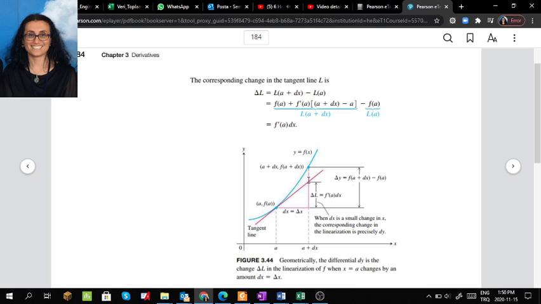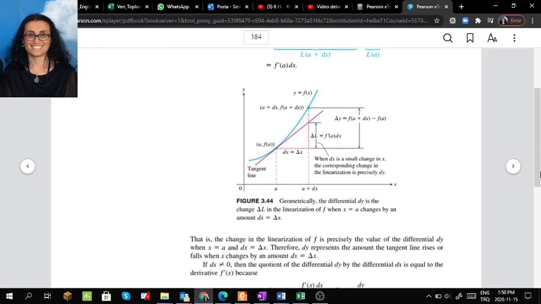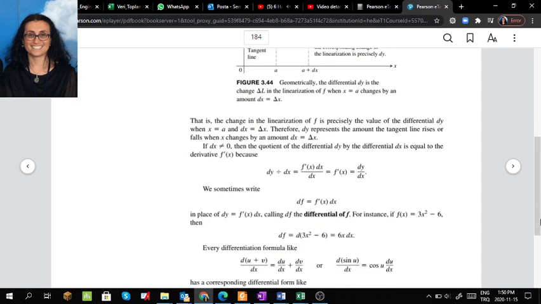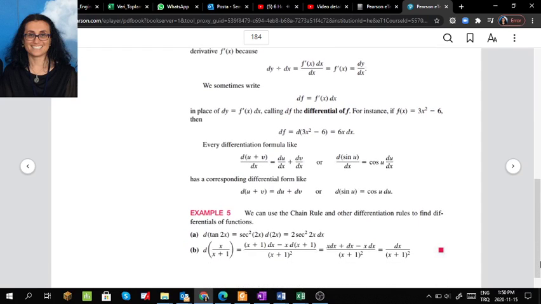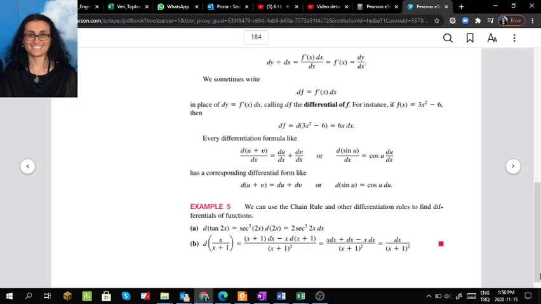So from here, delta L is f prime of a times dx. You find the corresponding f value here at a plus dx, as we found up here. So delta L, which is f prime a dx, is this much. Okay, and that's where we are going to get the dy. We don't really get into too much detail on that. We are going to skip the details, but instead we will just see how we apply it.